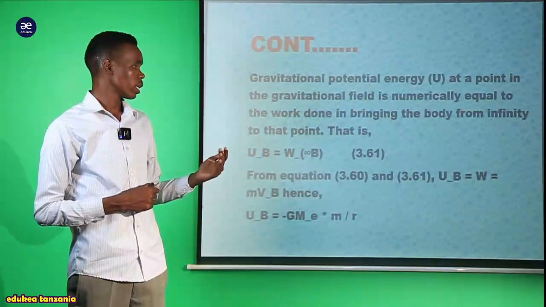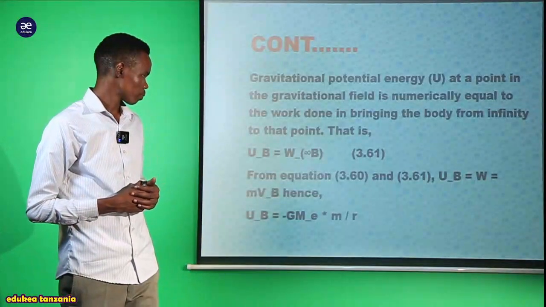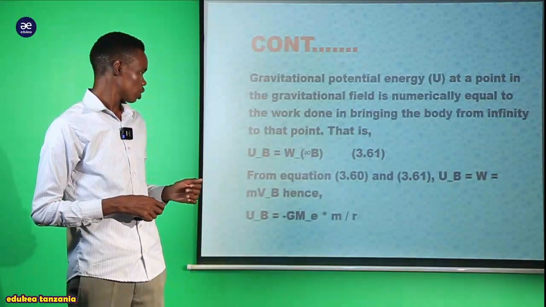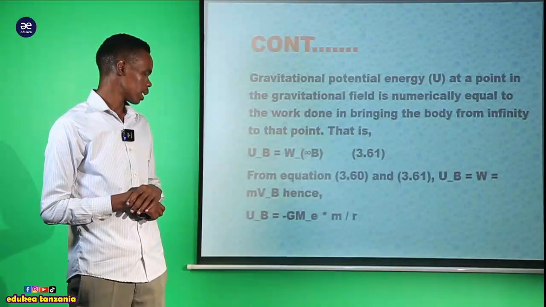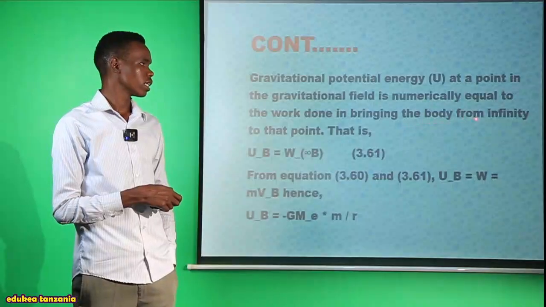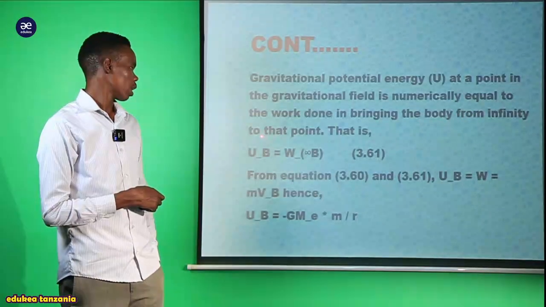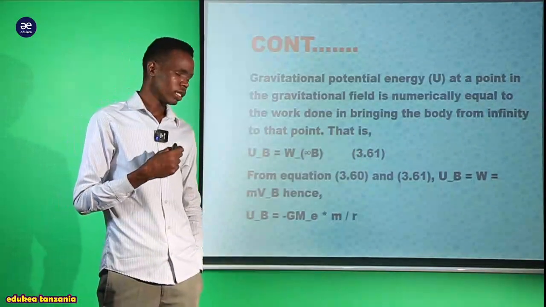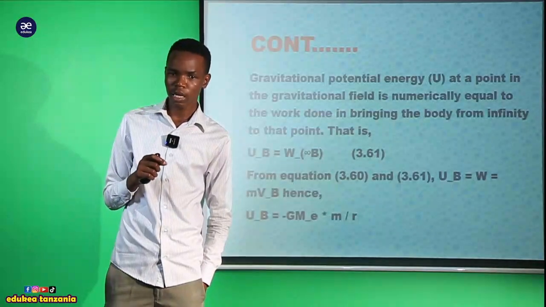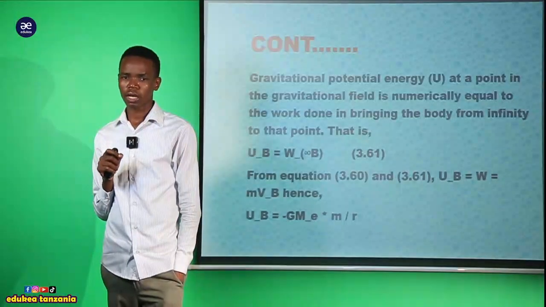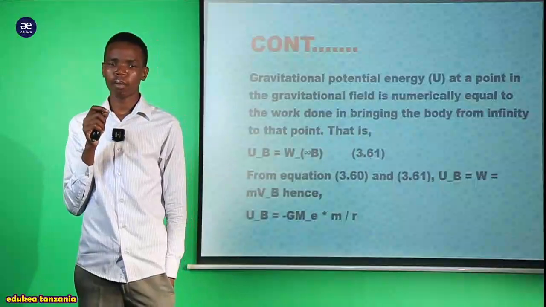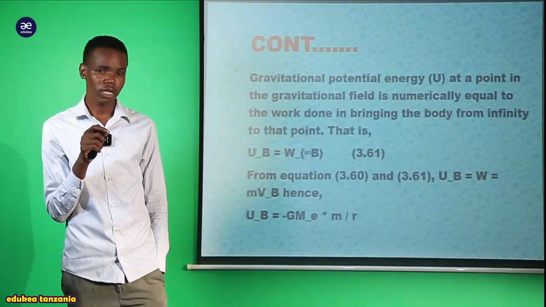So how can we get the gravitational potential energy? My dear student, the gravitational potential energy is obtained by taking the work done in bringing the body to that point. It means we obtain the gravitational potential energy by taking the gravitational potential and multiplying it by the mass.